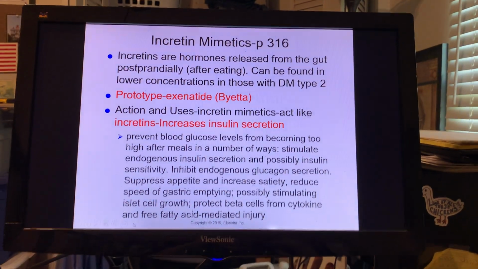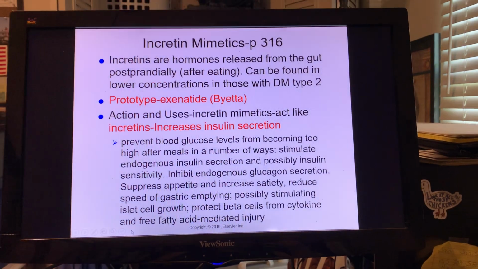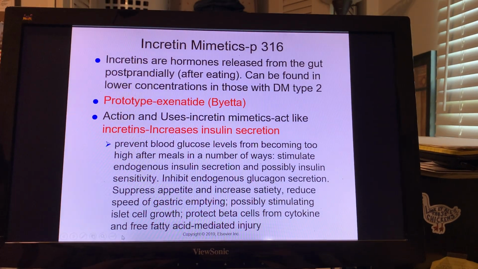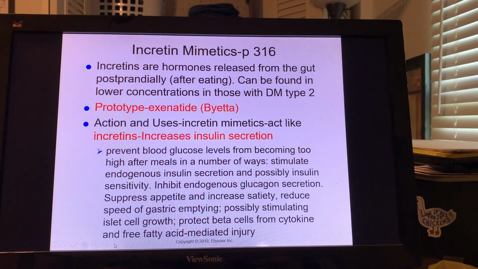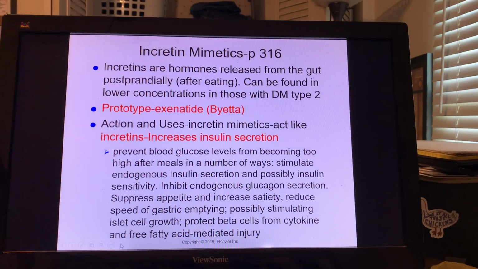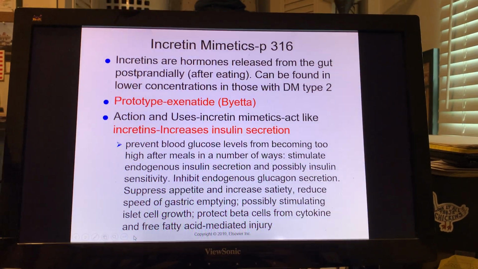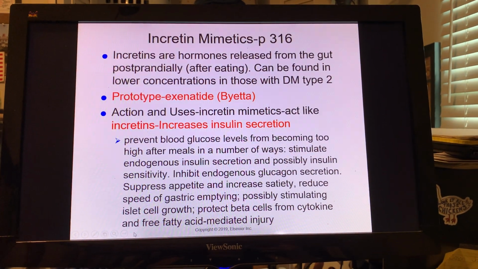This is a very new and very promising category of drugs for type 2 diabetics. These drugs are called the incretin mimetics. Now, incretins are hormones that the GI tract releases after a person has eaten.